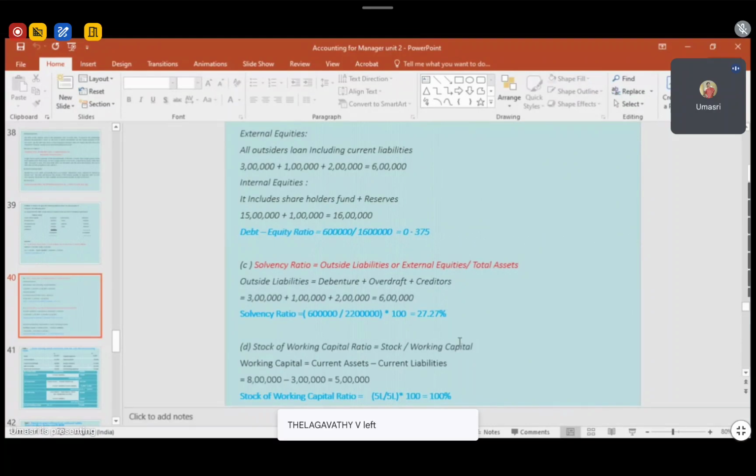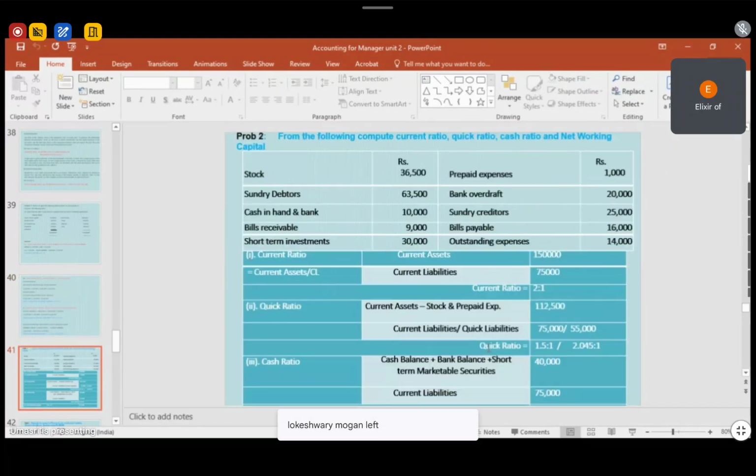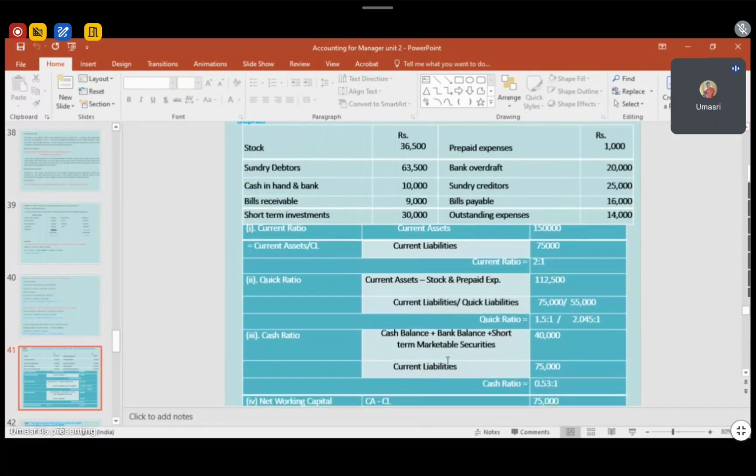Similarly, this problem can also be given to calculate current ratio, quick ratio, cash ratio, and net working capital. All these are the same. You have to apply the formula and then do it.